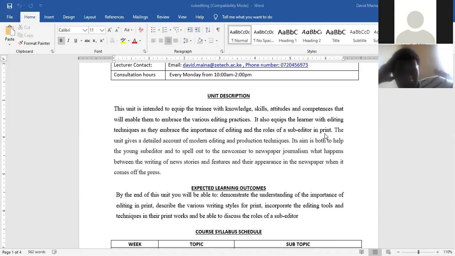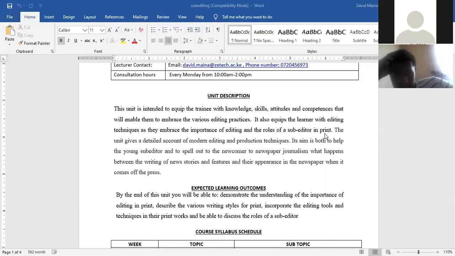The unit also gives a detailed account of modern editing. The way editing was done a long time ago and the way it is done today is totally different. So we edit using computers and production techniques.